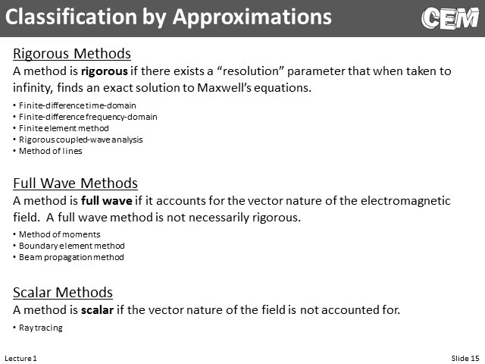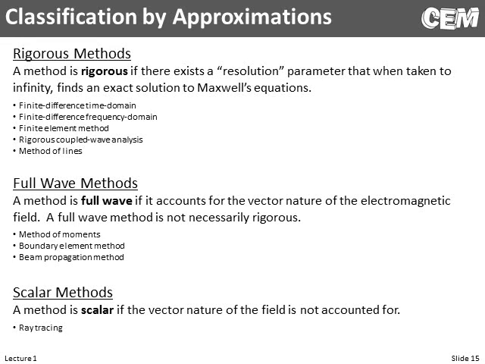So if your code had some kind of knob that you could turn, and as you take it up to infinity, your solution converges exactly to Maxwell's equations, it's called a rigorous method. For those of you that took the computational methods class with me, as we take the step size or the cell size to 0, you are actually obtaining rigorous solutions to those one-dimensional differential equations that we were solving. So that's a rigorous method.